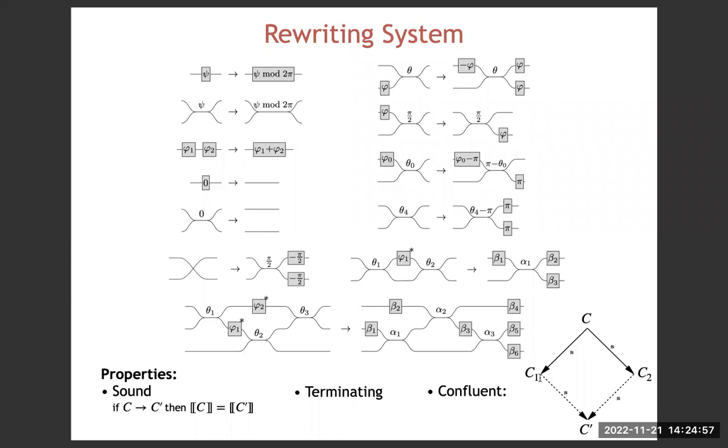So that means just one step here and there, and then try to close the diamond. To do this, we consider what are called critical pairs, that is diagrams where you have two possible derivations, and show that you can always close these derivations. Okay, so that's the idea.